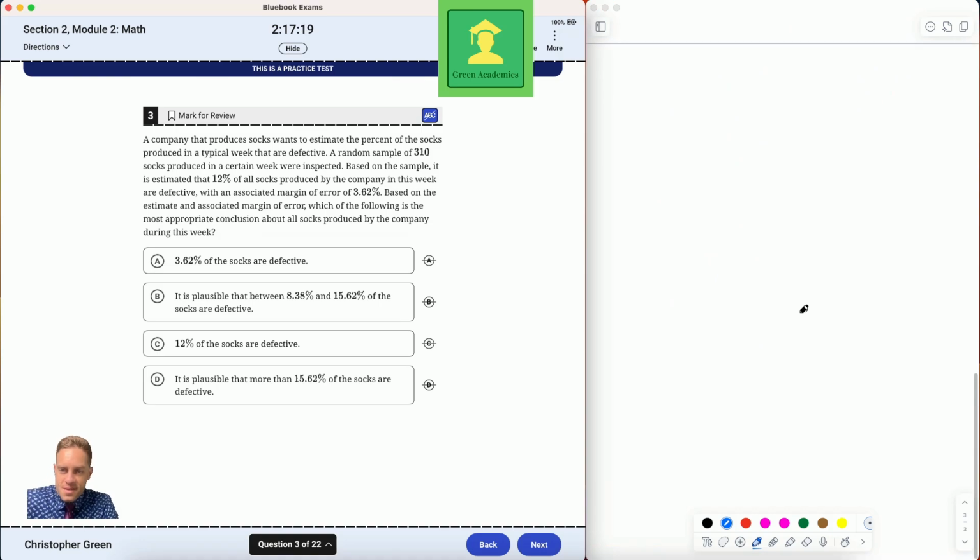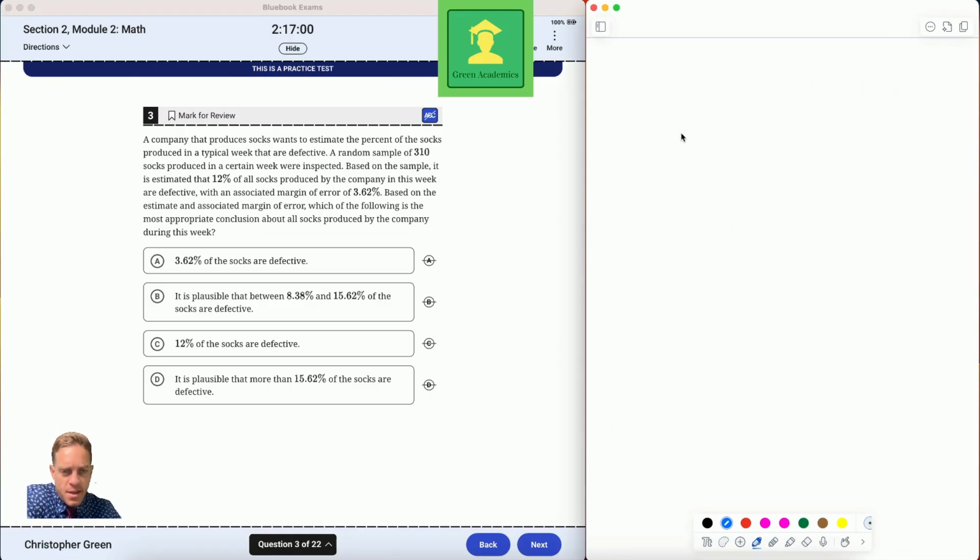A company that produces socks wants to estimate the percent of socks produced in a typical week that are defective. A random sample of 310 socks produced in a certain week were inspected. Based on the sample, it is estimated that 12% of all socks produced by the company in this week are defective, with an associated margin of error of 3.62%.